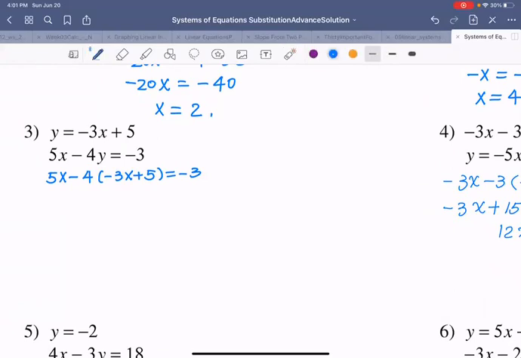5x minus -12x. Negative times negative is positive, okay? 12x plus minus 20 equals -3.